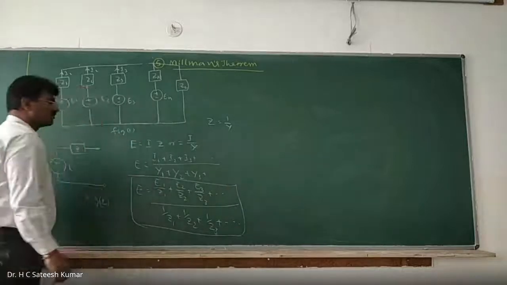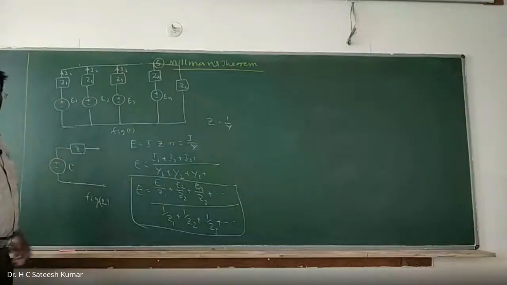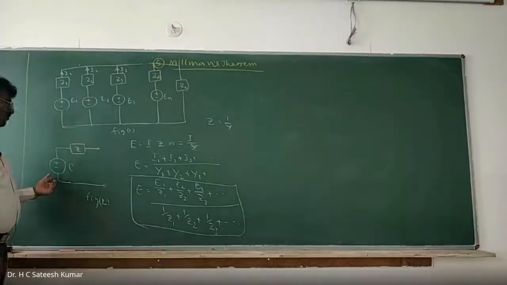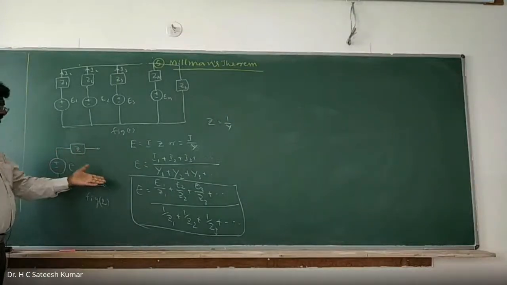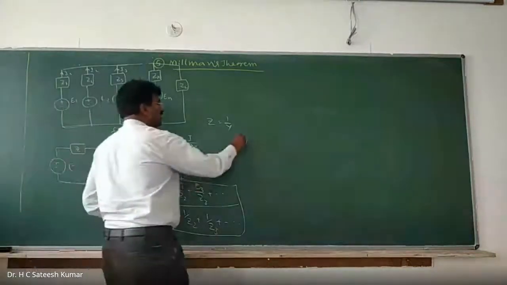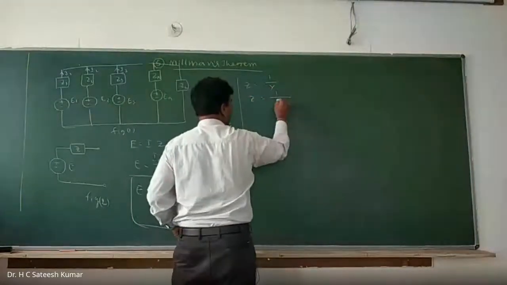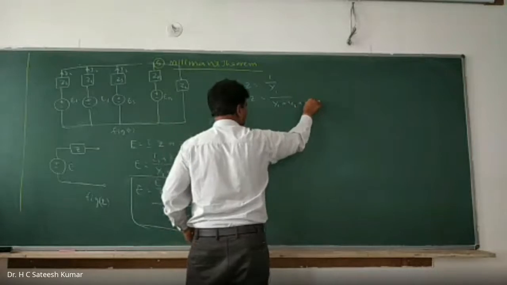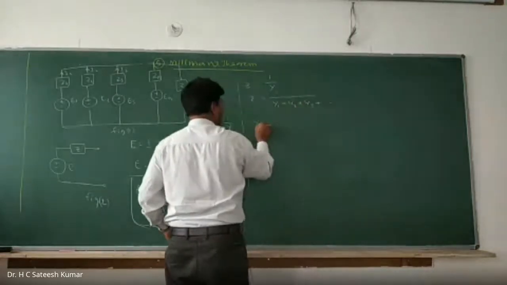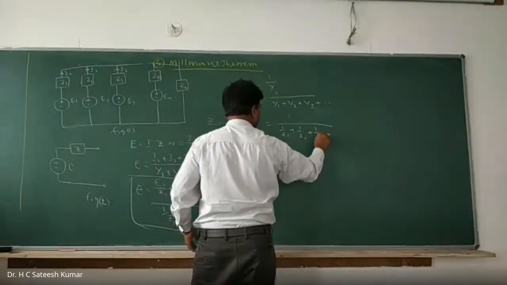This you should remember. Whenever we have a number of sources E1, E2, E3, and so on to En with their internal impedances Z1, Z2, Z3, and so on to Zn connected in parallel, they can be replaced by a voltage source E in series with an impedance Z, where E is equal to E1 by Z1 plus E2 by Z2 and so on, divided by 1 by Z1 plus 1 by Z2 plus 1 by Z3 and so on.